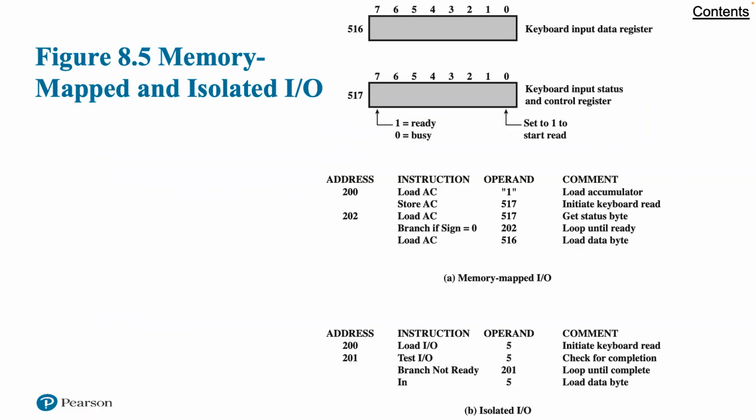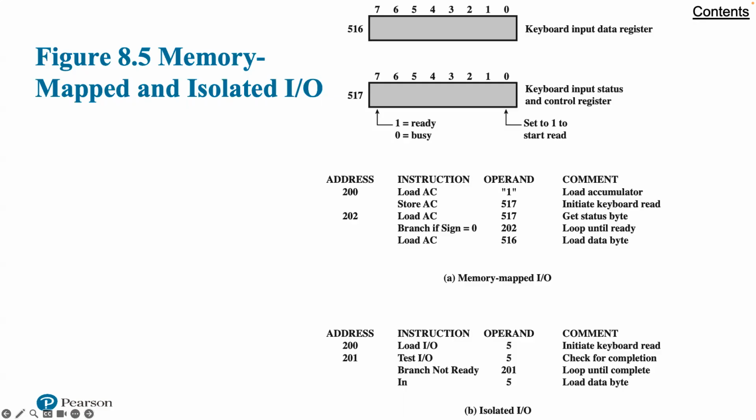Here we have figure 8.5, memory mapped and isolated I/O. So this figure contrasts these two programmed I/O techniques. Figure 8.5a, on the upper two-thirds of this figure, shows how the interface for a simple input device such as a terminal keyboard might appear to a programmer using memory mapped I/O.